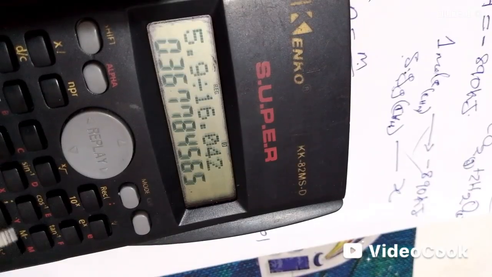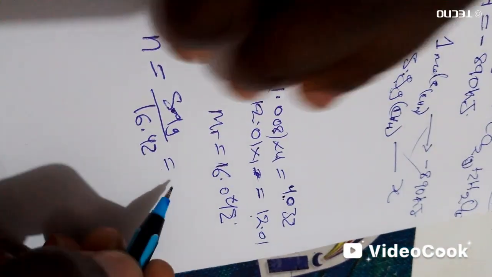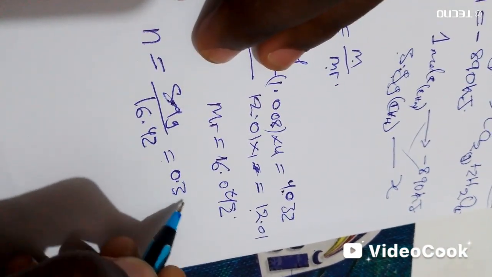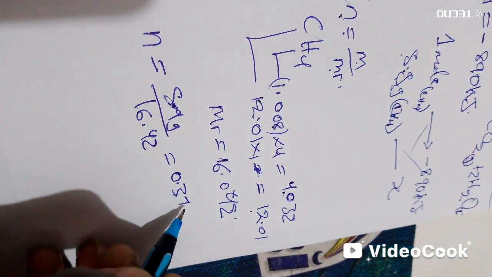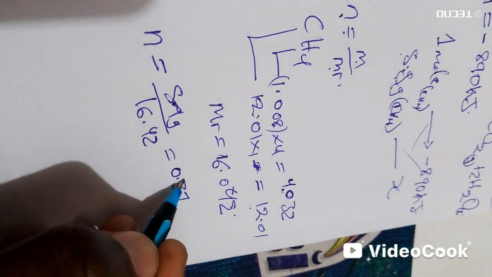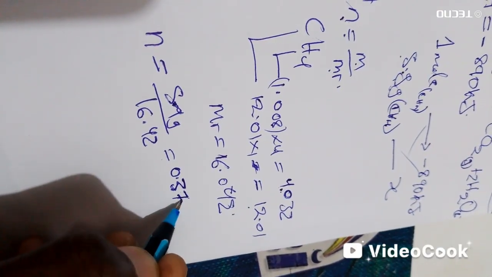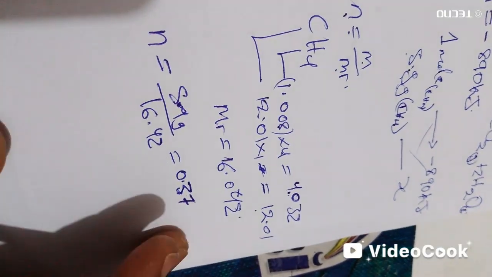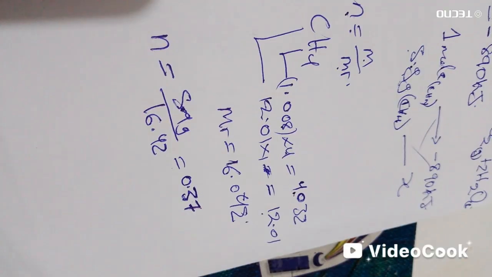Let's just take it to 2 decimal places. So we have 0.37. Sorry, that should have been 0.37, not 3.67. Okay, so that is two decimal places.